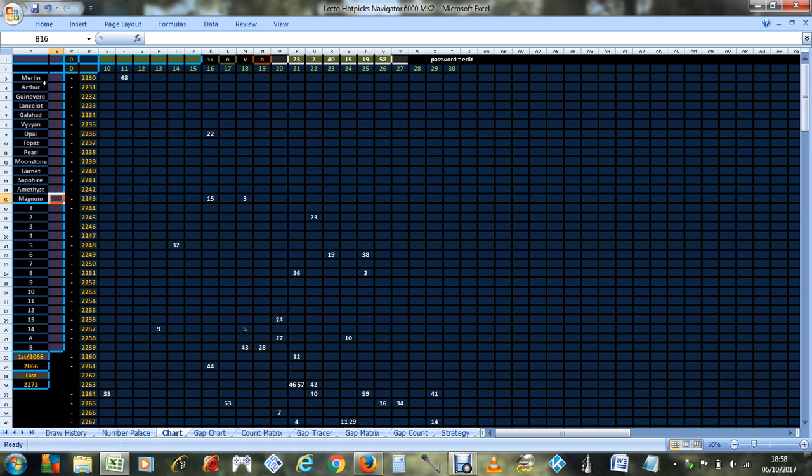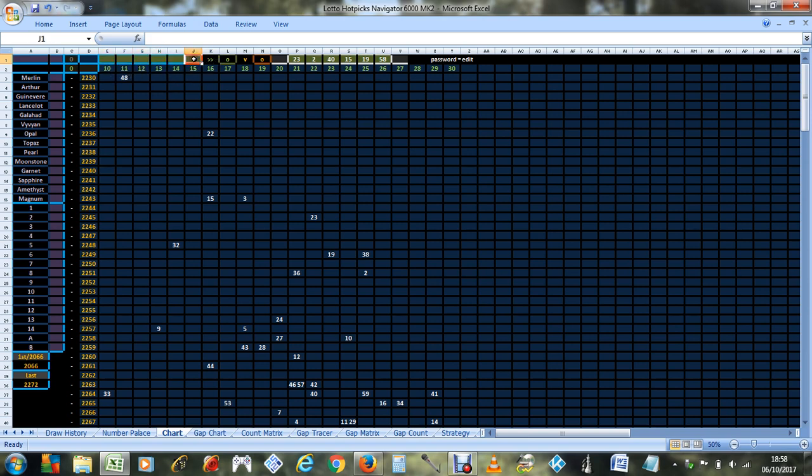We can look at all the results for any individual set of balls, or we can look at the results that have come out with a particular number, or a pair of numbers, or 3 numbers, or 4 numbers, or even all 6 numbers.